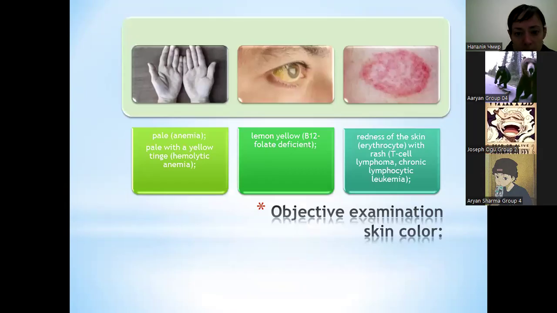Let's talk about skin color. Skin color may be different. It may be pale in patients with anemia, pale with yellow tint in hemolytic anemia, lemon yellow in B12 folate deficiency anemia, redness of the skin, erythroderma with rash, T-cell lymphoma, or chronic lymphocytic leukemia.